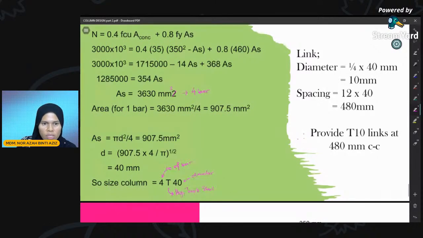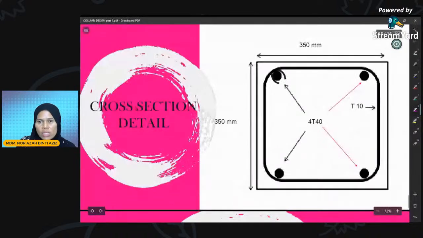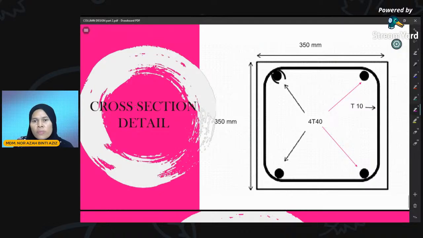And next is the cross-section details, the last question, right? Draw the square column 350. Sketching with label, remember. So you sketch, then label the dimension 350 times 350.